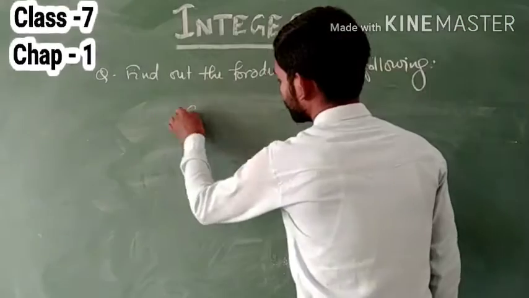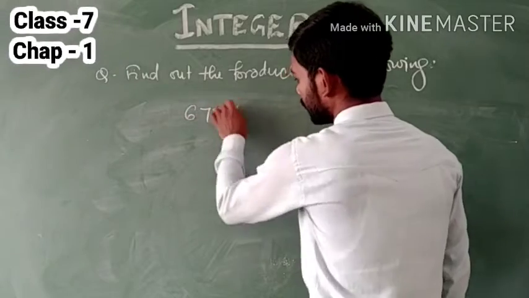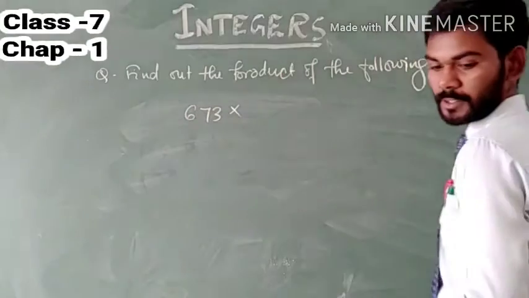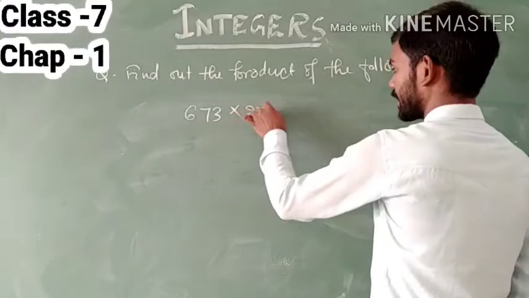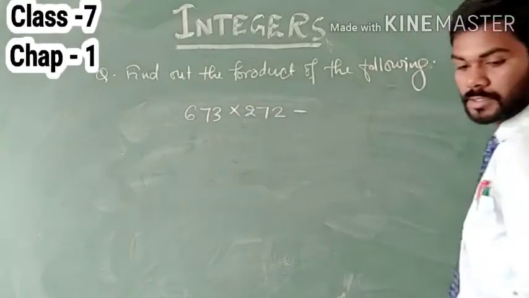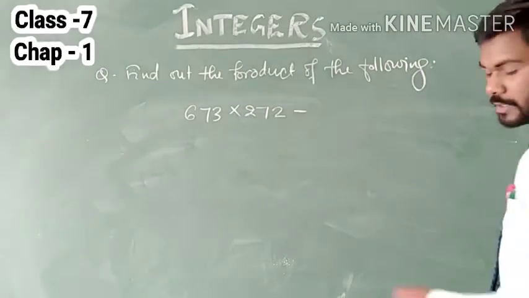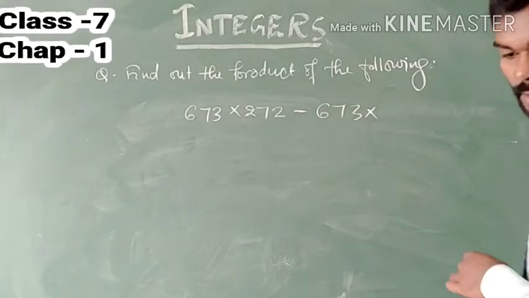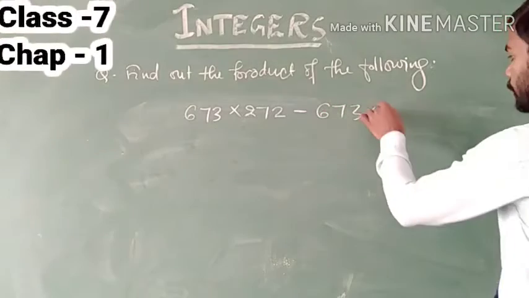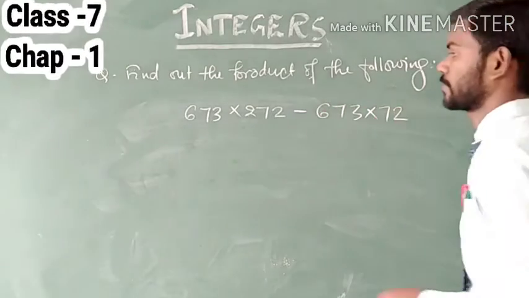673 multiplied by 272 minus 673 multiplied by 72. Okay.